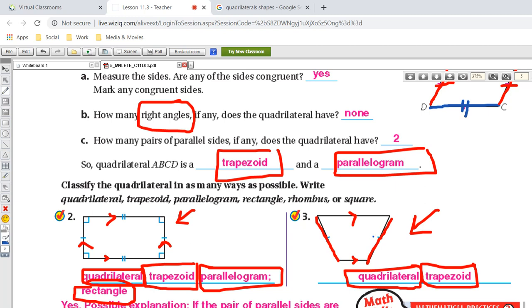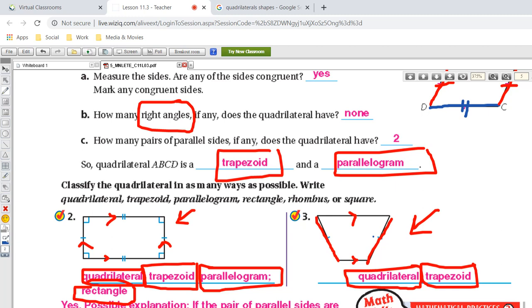If we can't write parallelogram, we can't write any other shapes. We can't write rectangle, rhombus, or square, because with all these shapes you have to take the order. Firstly quadrilateral, then trapezoid, then parallelogram, then rectangle or rhombus, then square. So you have to follow this order.